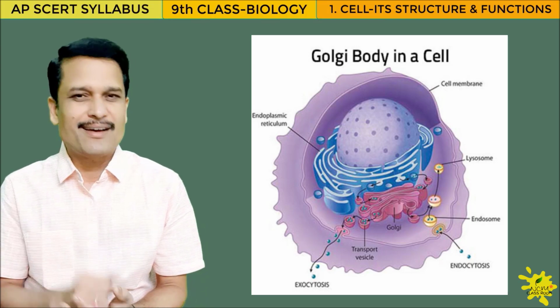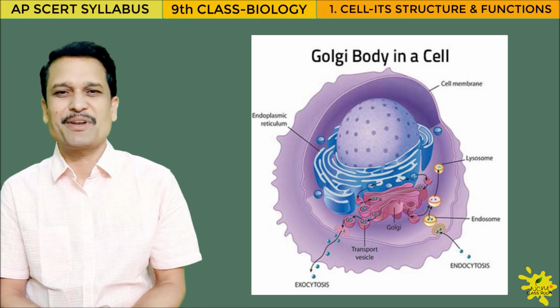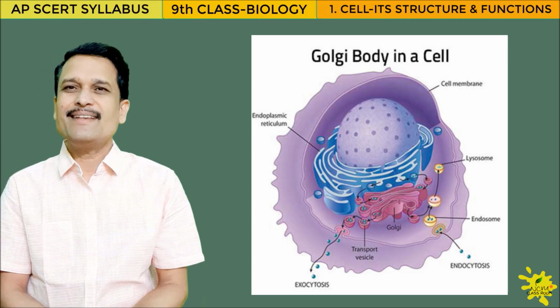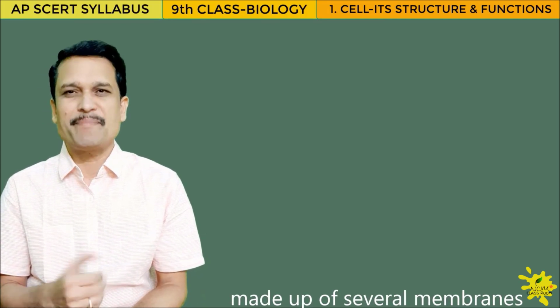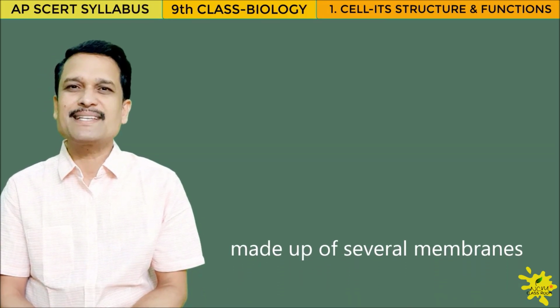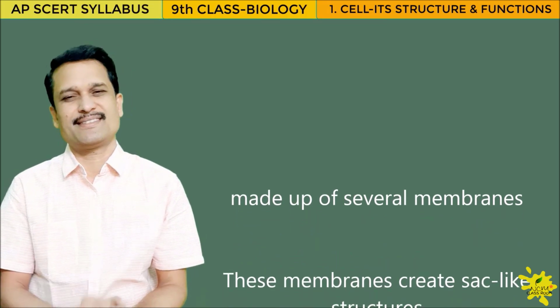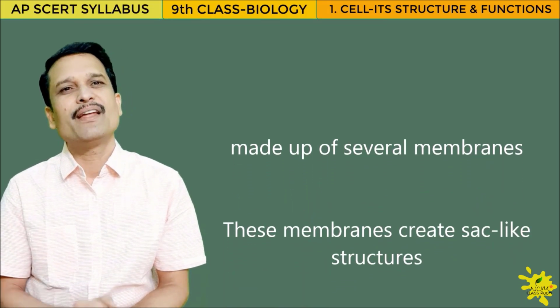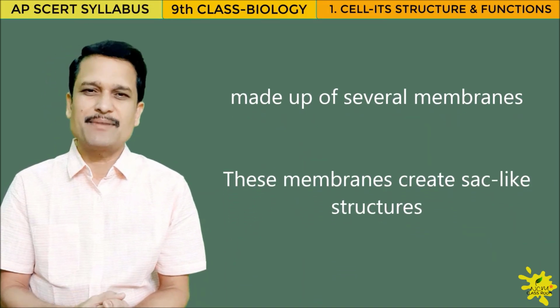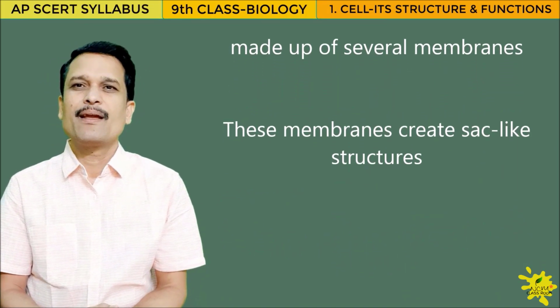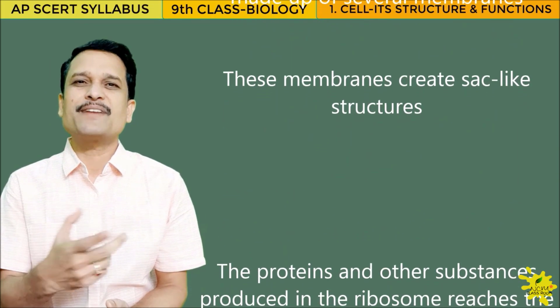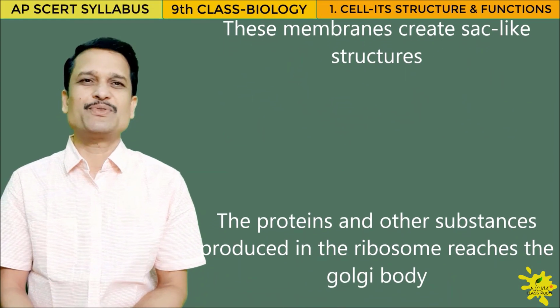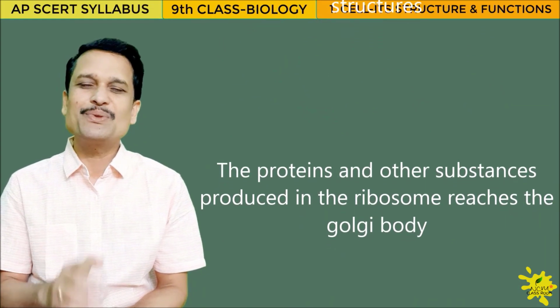We cannot see it under a compound microscope. It is also made up of several membranes. These membranes create sac-like structures around which there are many fluid-filled vesicles. The proteins and other substances produced in the ribosome reach the Golgi body through these vesicles.